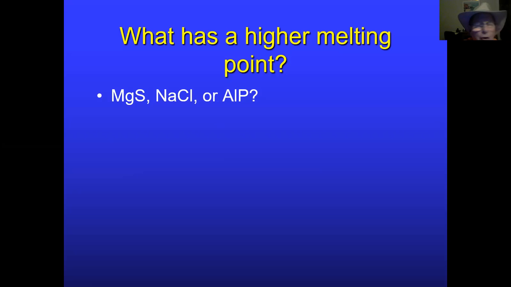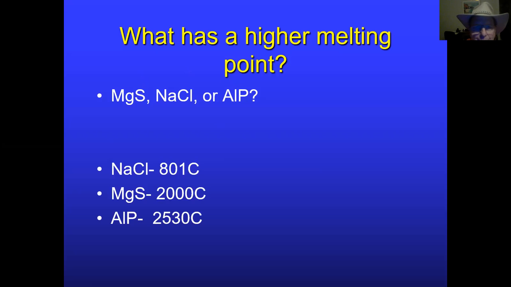What's aluminum's charge? +3. And phosphorus? -3. Okay, so Mg and S are +2, -2. Na is +1, Cl is -1. Al is +3, phosphorus is -3.